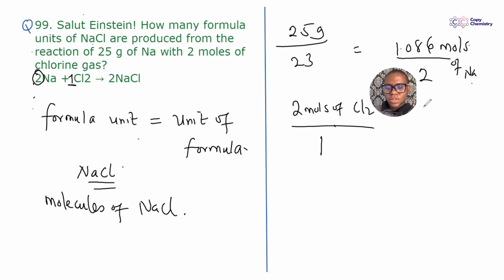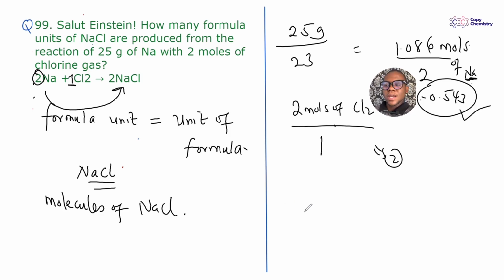So you are going to have new numbers here. This one is going to be equal to 0.543, I believe. Then this would remain 2. So then you compare 2 and 0.543, and you'll see that 0.543 is smaller, meaning that our sodium is the limiting reagent. So we have to compare sodium with the sodium chloride and not chlorine with sodium chloride.